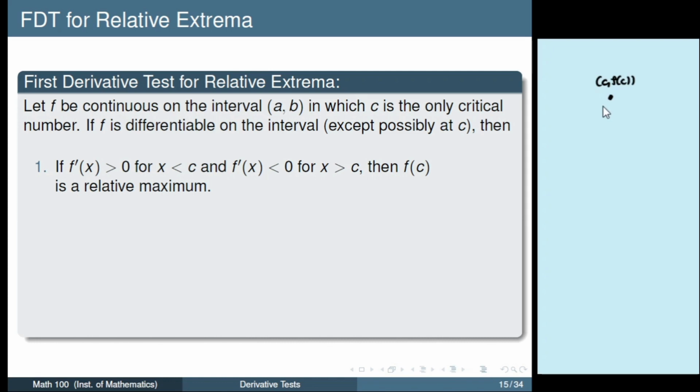So, it could look like this. Okay? And on the other hand, for x greater than c, our f prime of x is negative. That means the graph is decreasing, so it goes down. Okay? So, makikita naman natin that indeed, at this point, you have a relative maximum. Okay?